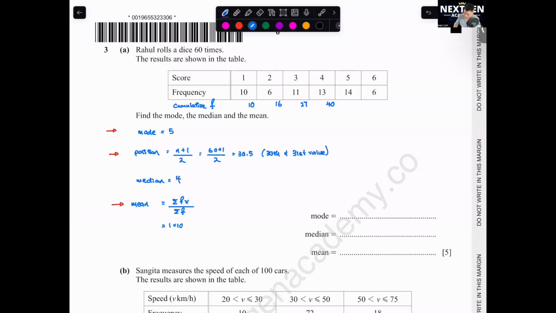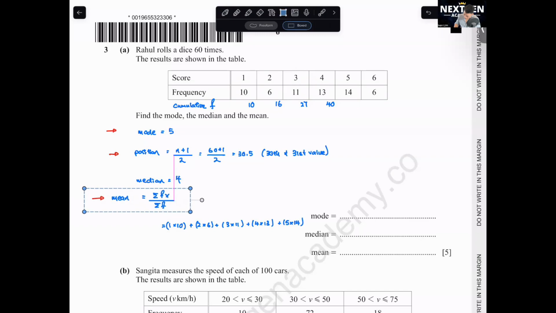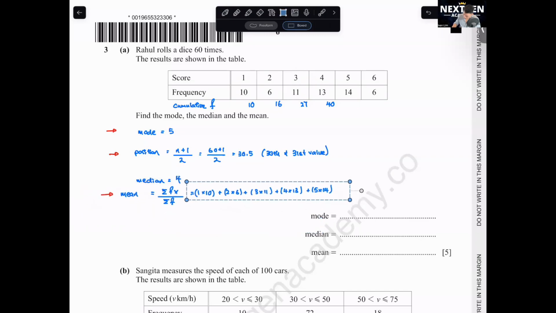So 1 times 10 plus 2 times 6 plus 3 times 11, 4 times 13, 5 times 14, plus 6 times 6, over 60.